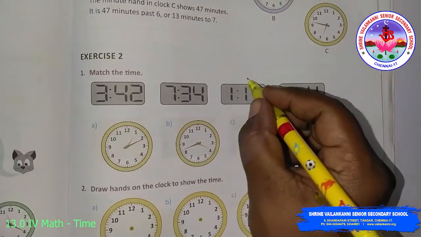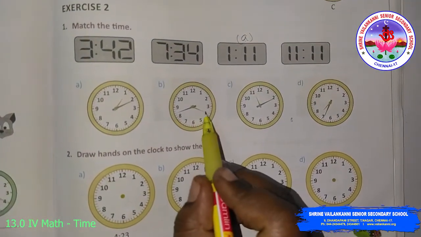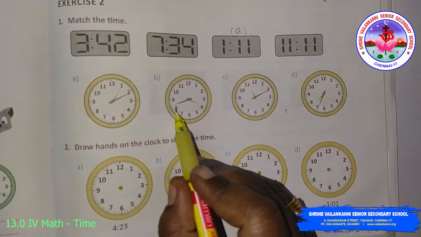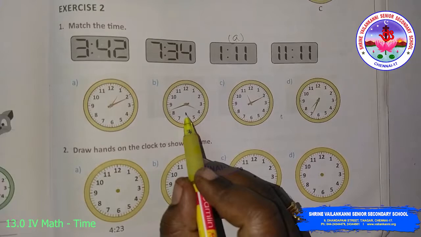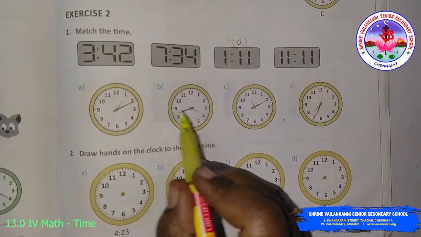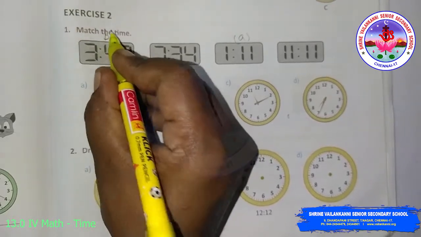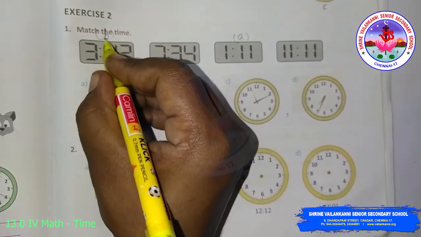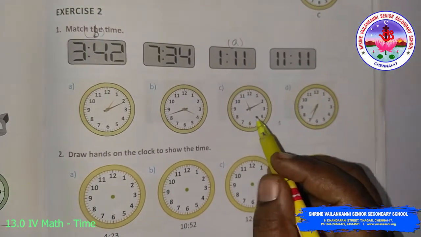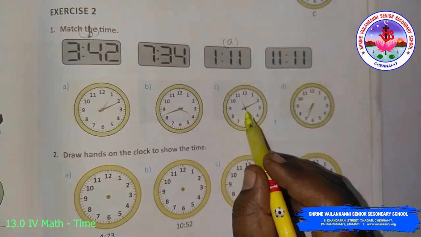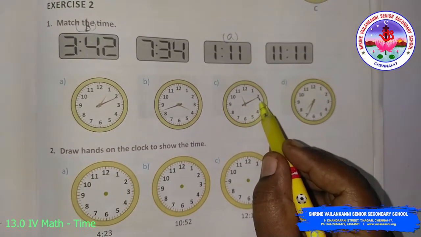So this is A. So next is 3, 40, 41, 42. 3:42. So B1 is 3:42. So here I am writing B. So next one is 11, 10 plus 1, 11, 11:10.